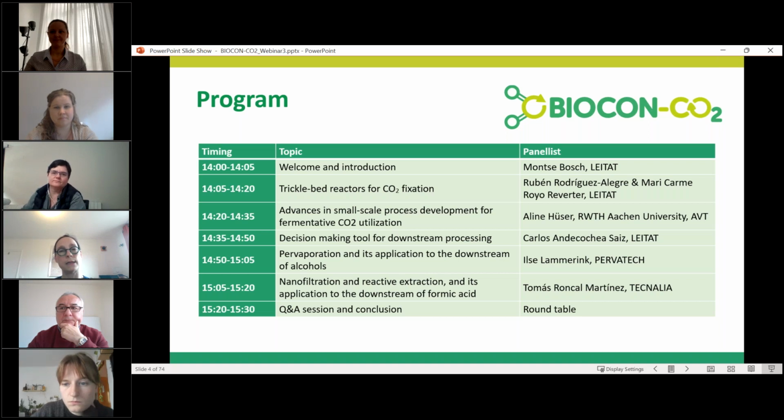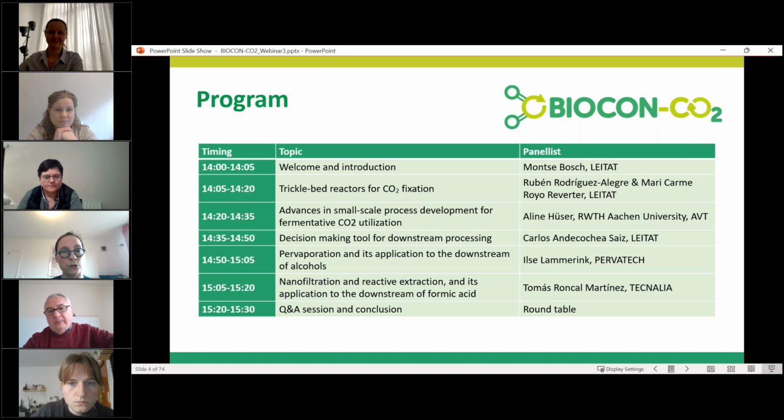Our program is pretty full today. After the welcome and introduction, we will take a look at the trickle-bed reactors for CO2 fixation, and then the advances in small-scale process development for fermentative CO2 utilization, and then a decision-making tool that's been developed for downstream processing, Pervaporation and its application to the downstream of alcohols, Nanofiltration and reactive extraction and its application to the downstream of formic acid.